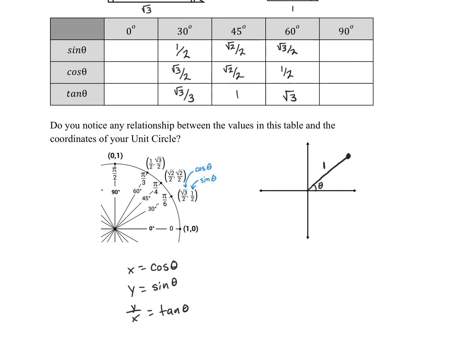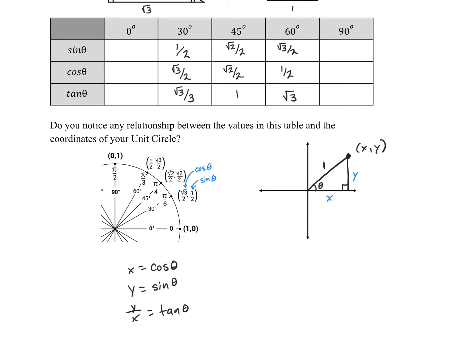Now, if I turn this into a right triangle like this, we can call this distance from here to here x, because it's directly along our x-axis. So this is x, and this would be y. And of course, this coordinate, we could call x, y. Now, if I'm evaluating this angle, here's theta.